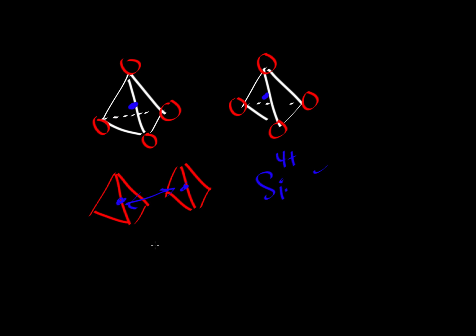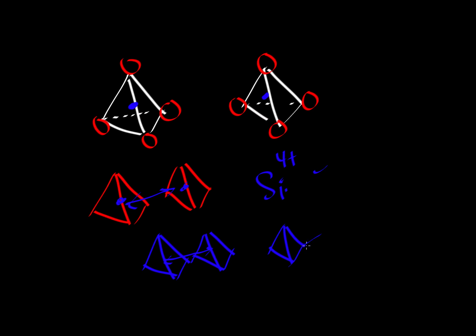So rules 3 and 4 are simply saying that if we're going to have tetrahedra, they can share edges, but they are unlikely to. They're more likely to share corners. If they're going to share corners at all, that keeps a further distance between the cations compared to sharing an edge.